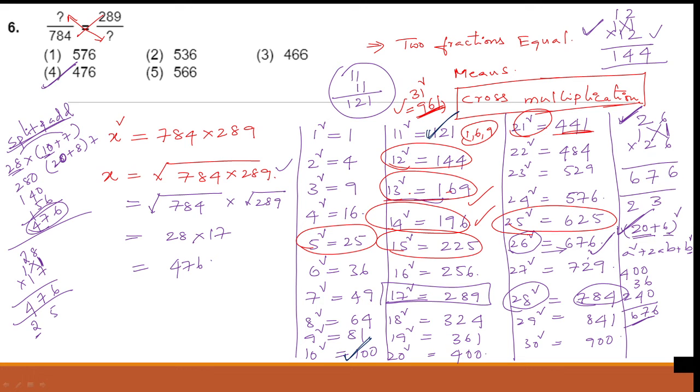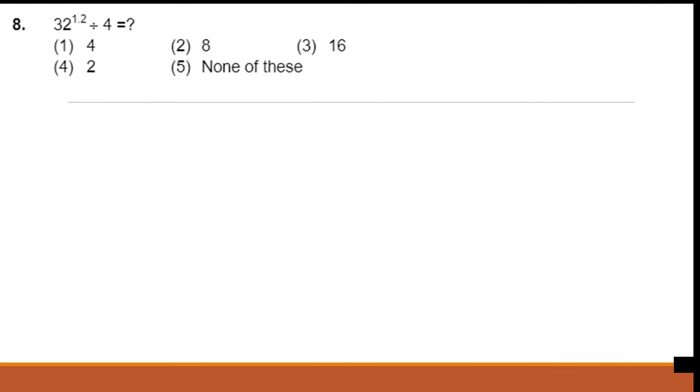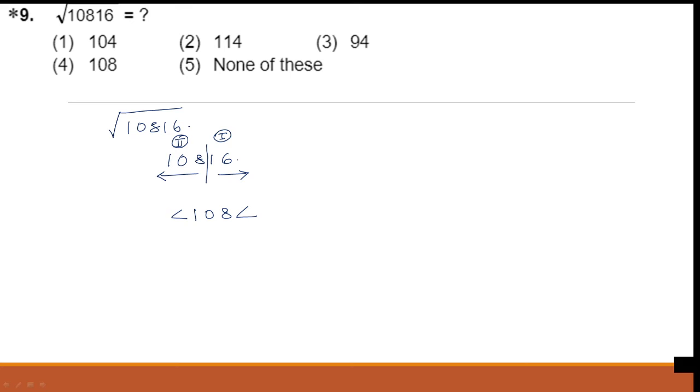What is 10 square? 100. 11 square is 121. 108 lies between 100 and 121. Is it okay? Yes. Come back to the question. So it is in between 10 square and 11 square. So between 10 and 11, what is the smallest one?